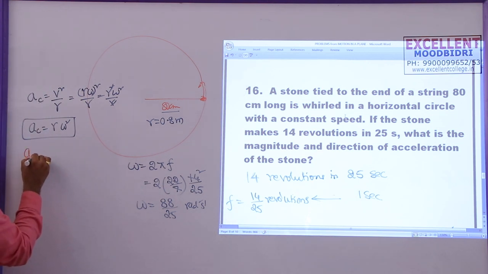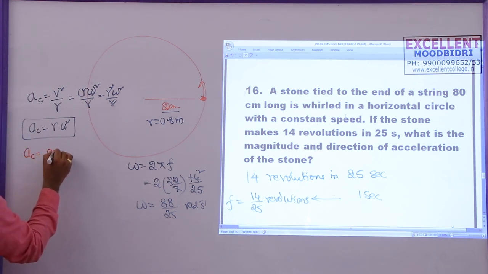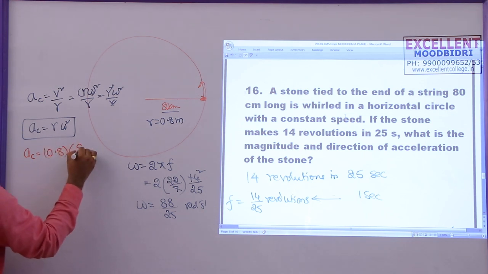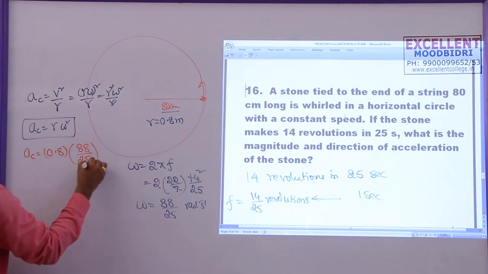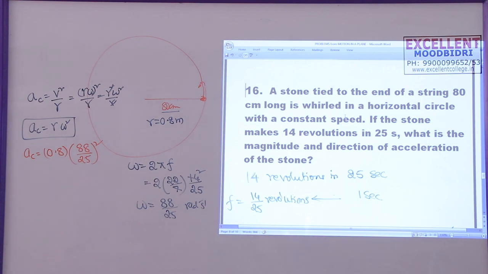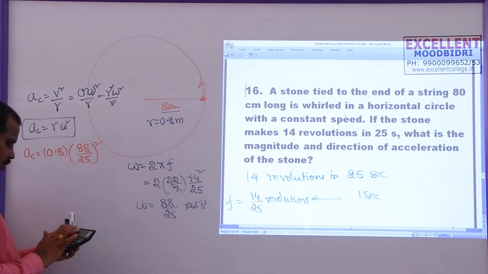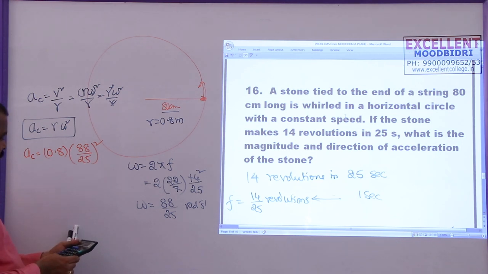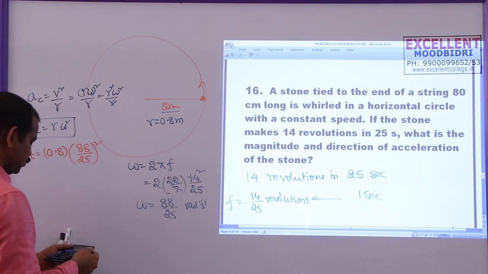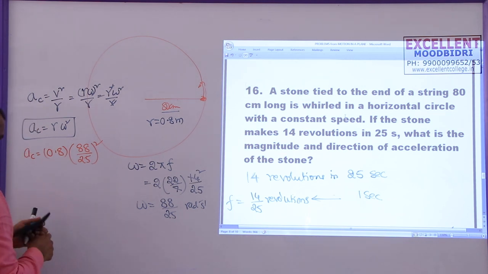Now you can substitute here. AC is equal to, R is equal to 0.8, into 88 by 25 whole square. So now let me check this value. Calculate this one. 88 divided by 25 is 3.52, 3.52 into 3.52 is 12.39.